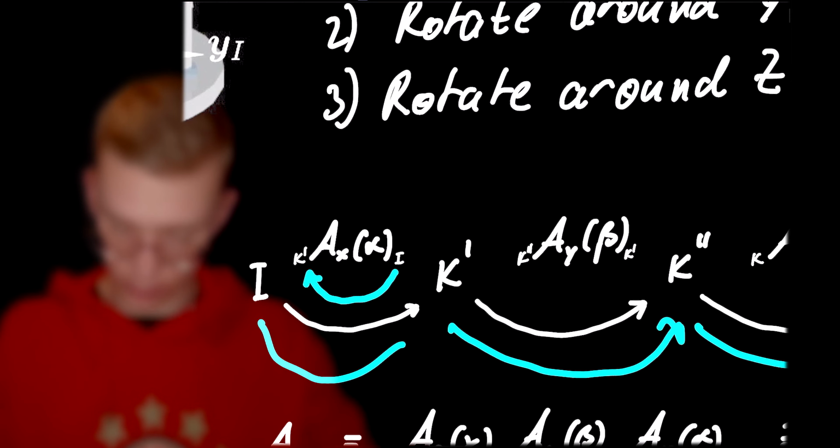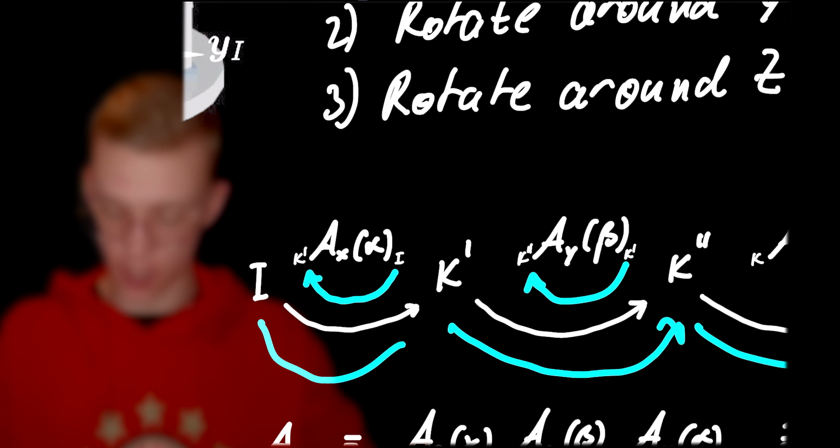And the transformation matrices are written a little bit different because we are going from I to K dash. Here we go from K dash to K double dash.